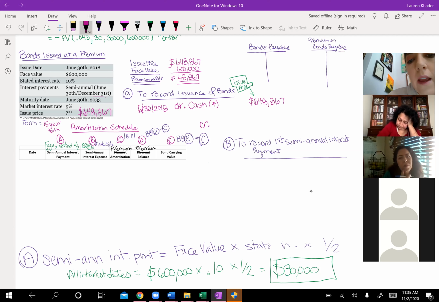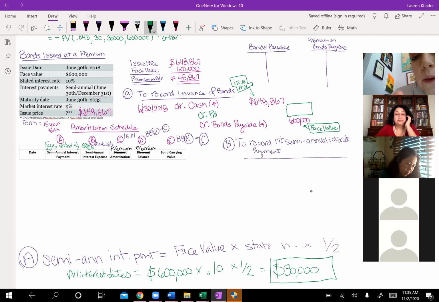We're going to credit bonds payable, establishing the liability. Bonds payable is going to increase for how much? 600,000. 600,000 only, exactly equal to face value, always. We don't balance. We currently need more credits.